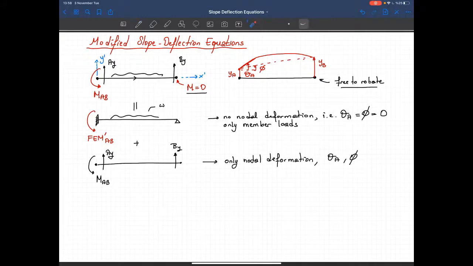I'm not saying that we don't have any rotation here. We do, but I'm not interested here because I'm using the information that moment is equal to 0 or this end is free to rotate. So I'm not interested in the value of theta B. So again, that's our case 1. That's our case 2.